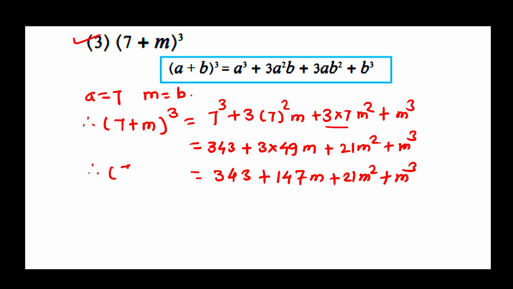Therefore, we can write (7 + m) cube = 343 + 147m + 21m square + m cube.